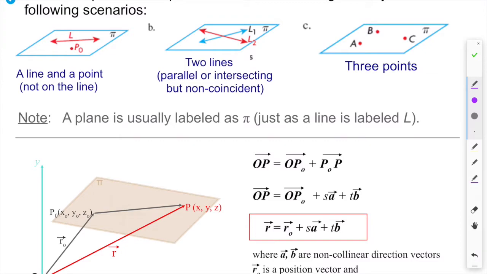And in diagram C, if I have 3 points on the plane, then I can easily find any 2 or even 3 directional vectors. Then combining that information with one of these points, I will be able to write out the equation of a plane. And notice how a plane is usually labeled as pi, the Greek letter P.